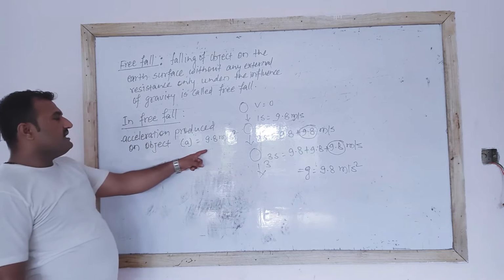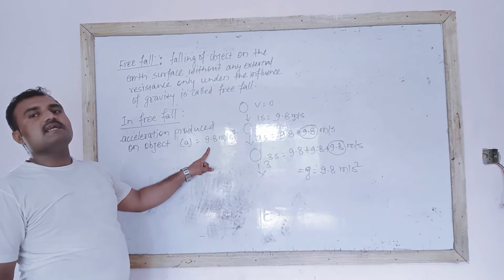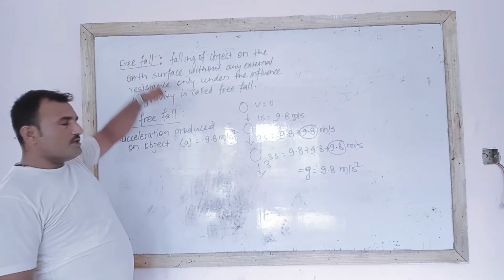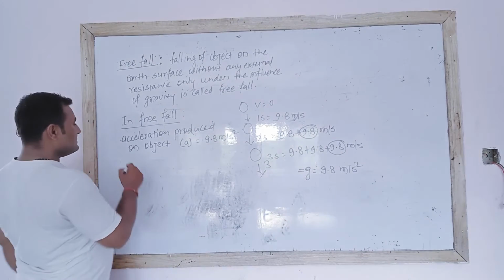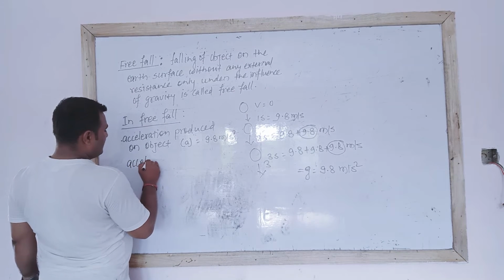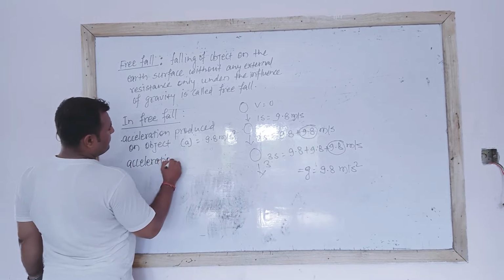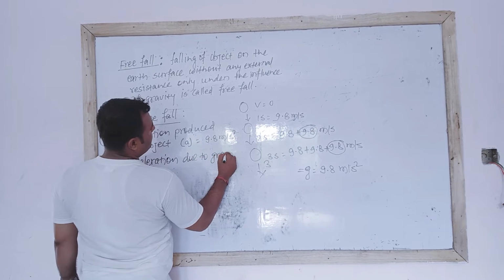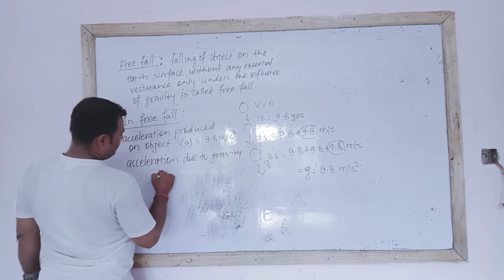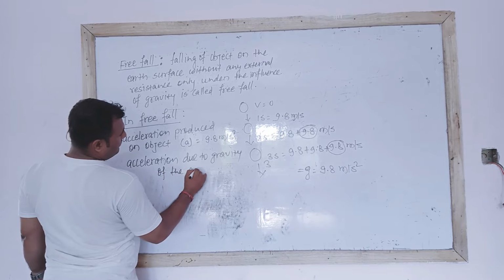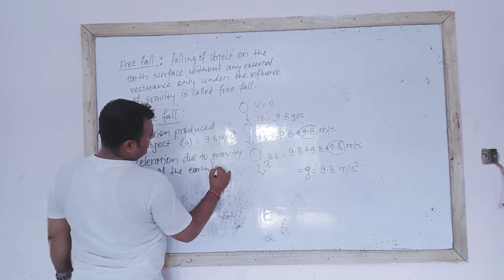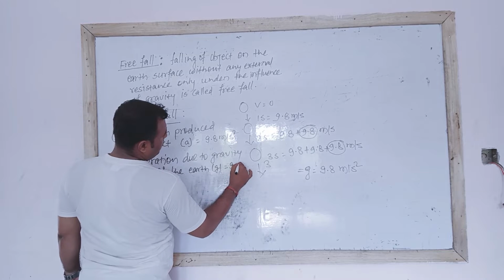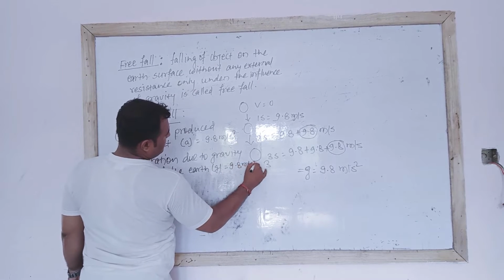That means in every second, the velocity of the falling object increases by 9.8 meter per second. Acceleration due to gravity of Earth, g, is 9.8 meter per second square.